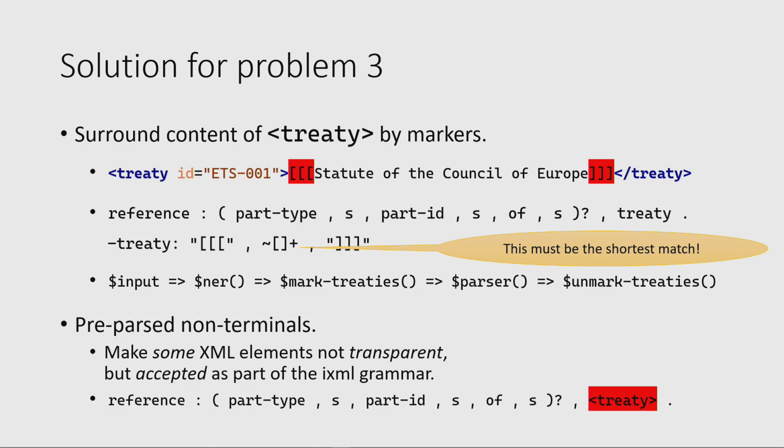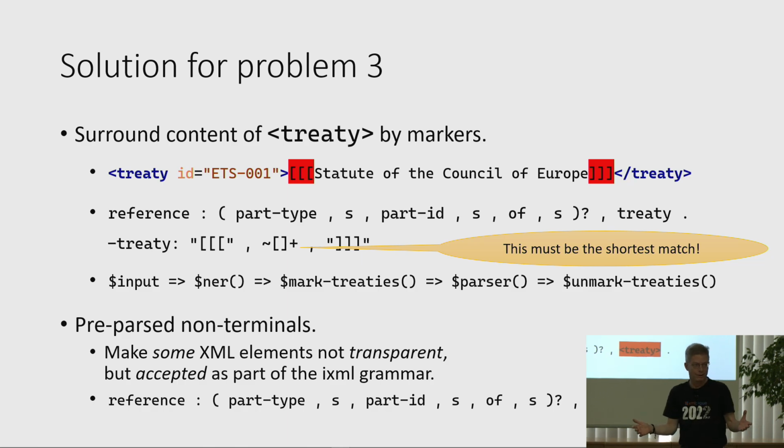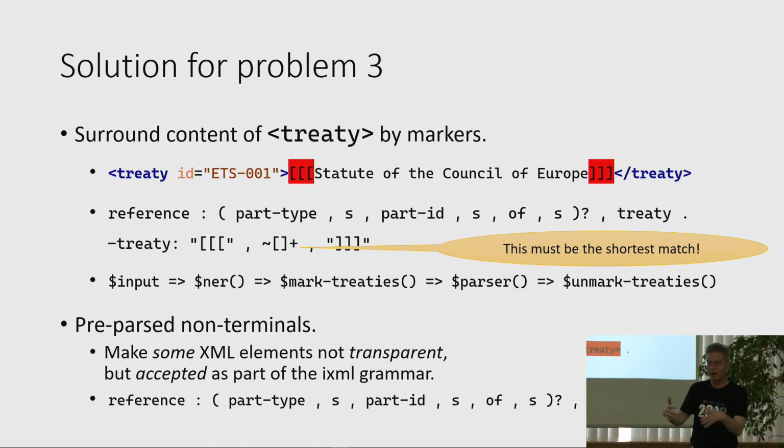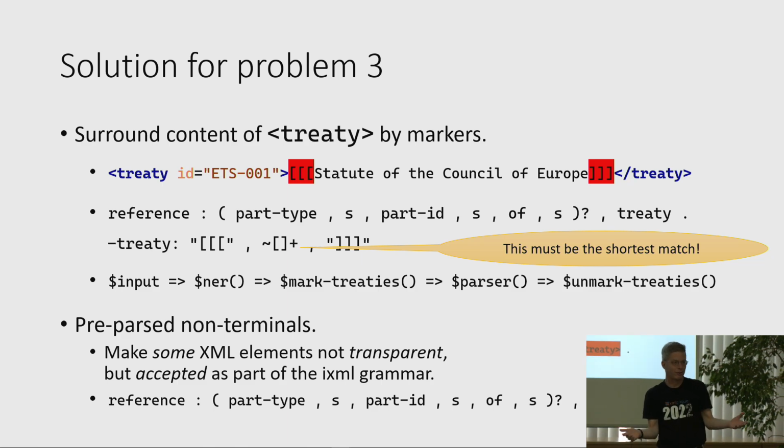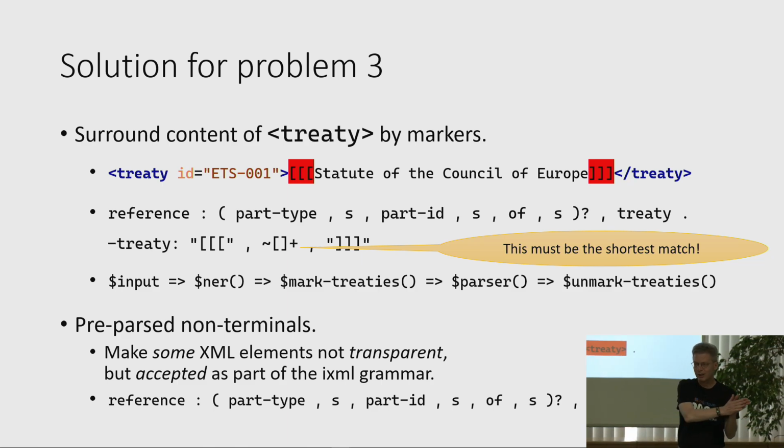And it will pretend that this treaty element from the beginning to the end of the element is a non-terminal. So it's like it's pre-parsed. We already did that in a previous step. And now it says, okay, this is pre-parsed, it's non-terminal, and it skips the whole content of the treaty, including text and possible XML elements, and then it will continue parsing after that.